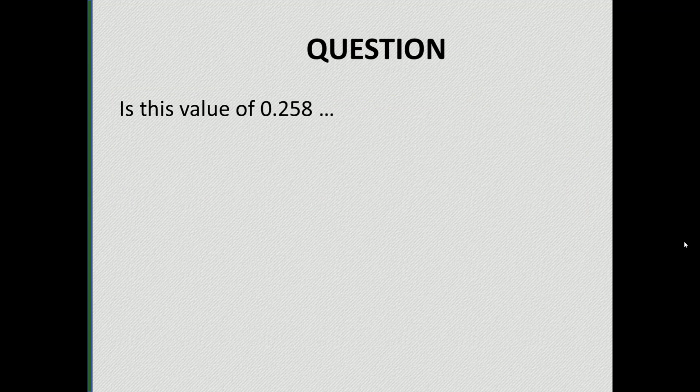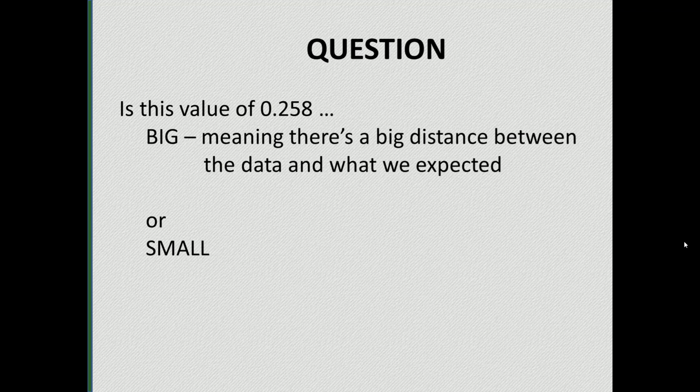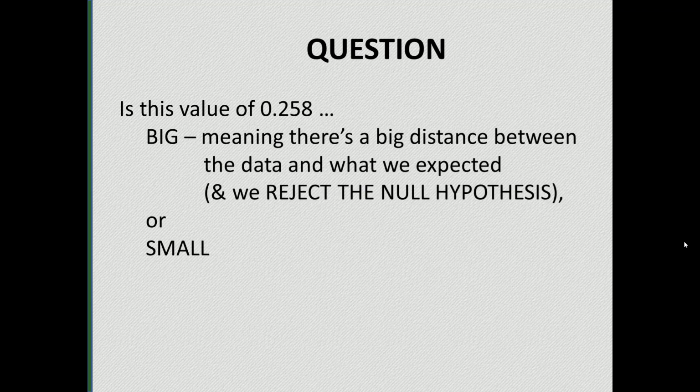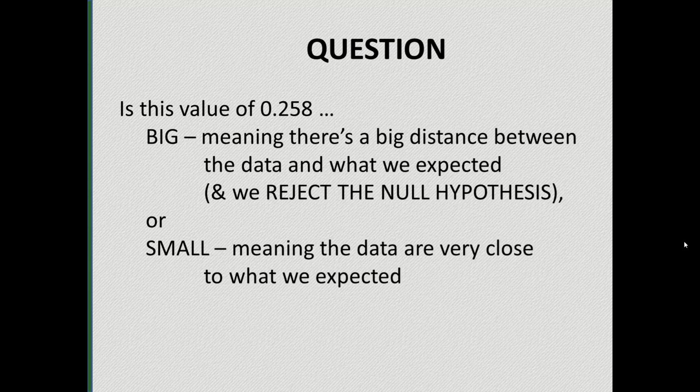Question then. Is that value of 0.258 big or small? Is it a big test statistic, meaning there's a big distance between the data and what we expected? And if there's a big distance between data and expected, we would reject the null hypothesis. Or is that 0.258 a small distance?